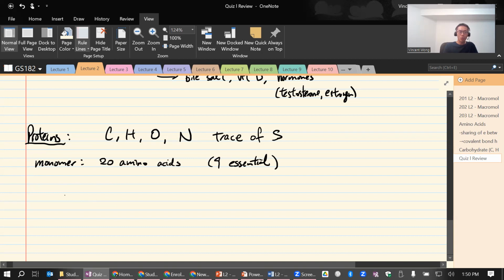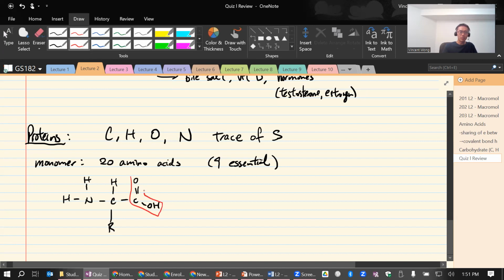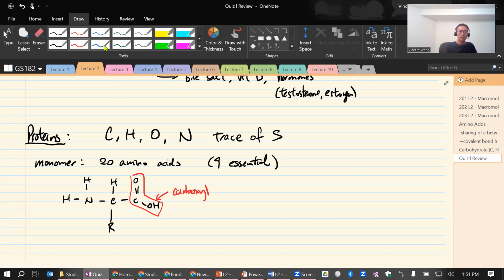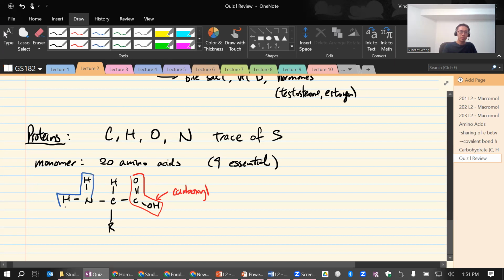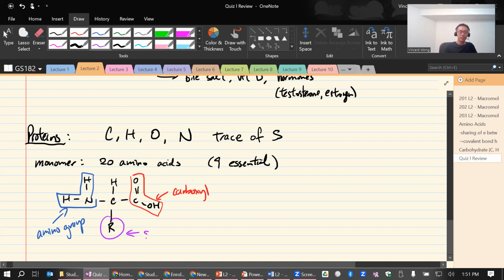You already know the structure. I mean, I can draw it again. Hopefully you recognize it by now. You must be sick of seeing it since I wrote it so many times. Okay, so again, we have the carboxyl group. We have the amino group. Okay, we got the side chains here.